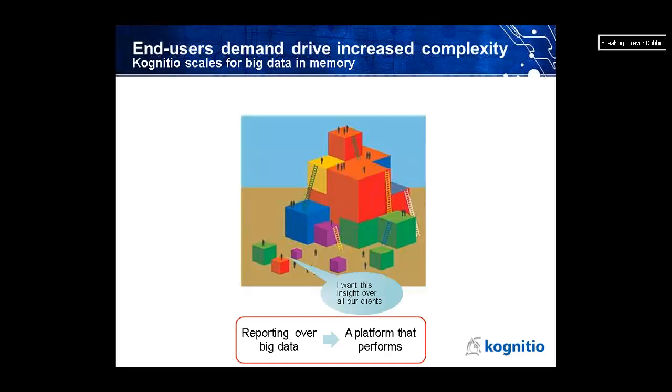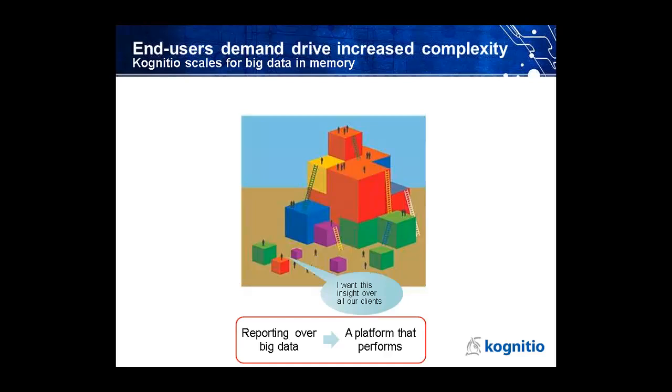So as well as all this more complex information and demands from the end user, we've also got the situation where users, say at a departmental level, might have insight that they're very happy with, but they want to roll it out over the whole business.